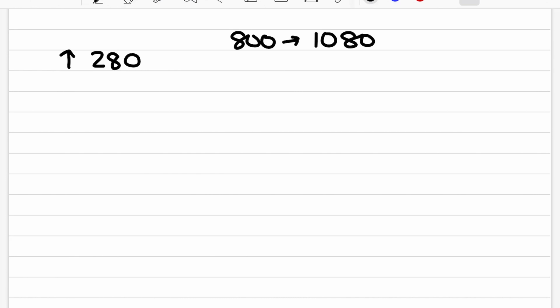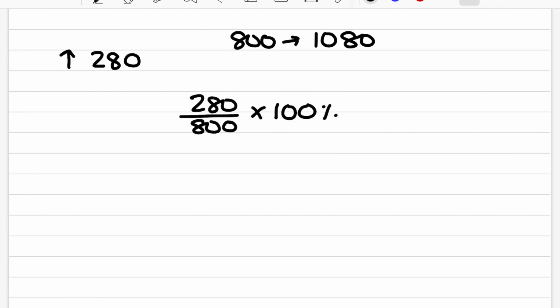And then to find the percentage, we're finding the percentage increase from the first year, from the 800 necklaces, not from the necklaces that she sold now. So we want to do a division, 280 over 800 to get a percentage. We have to multiply by 100%.